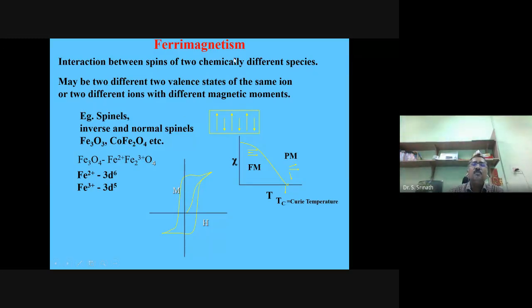Why I'm bringing this point up is that ferrimagnets also have a spontaneous magnetization, but most of them are oxides, like Fe3O4, CoFe2O4. These are mostly insulators. So eddy currents, from conduction electrons responding to the oscillating electric or magnetic fields, will not create a problem.